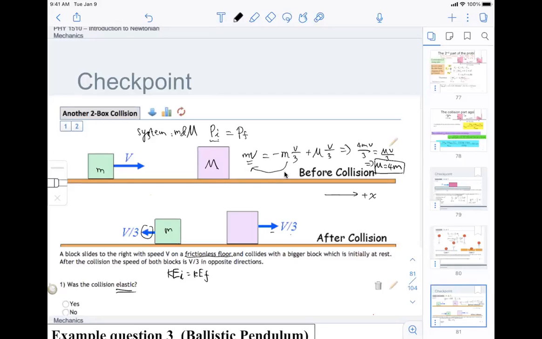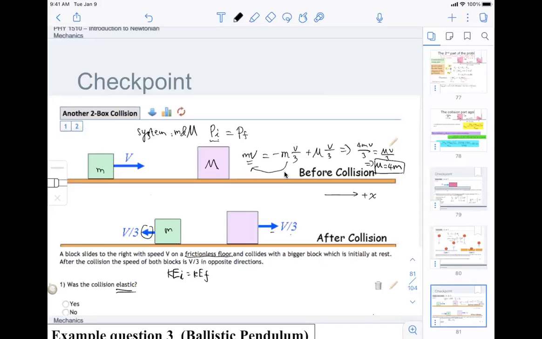So we talked about how generally when a smaller object hits a bigger object, the smaller object will bounce back and the big object will move forward. And you can see the big object has to have a velocity smaller than v, because the momentum of the system is little m times v to begin with.